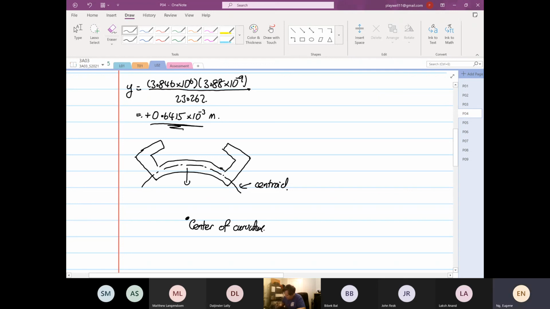So y positive is in this direction, y negative is in this direction. So this means y has been shifted what? Downwards. So be really, really careful with this, okay?